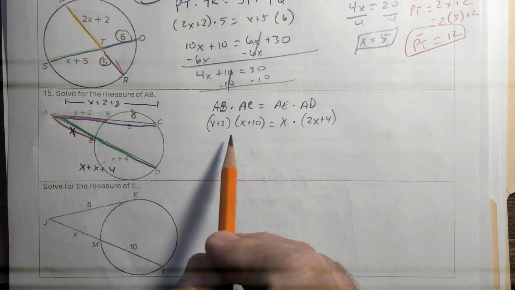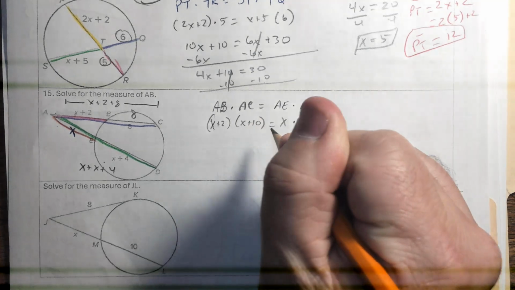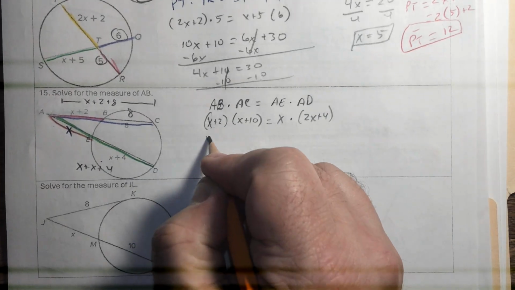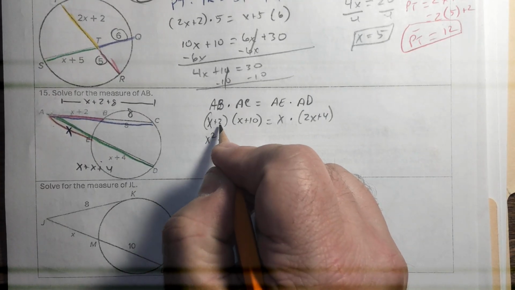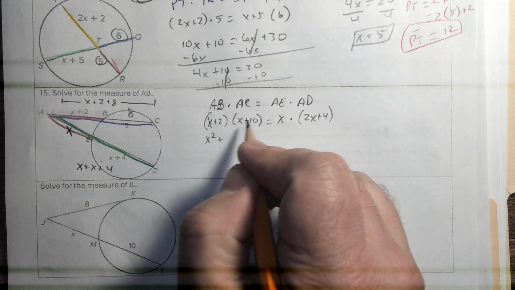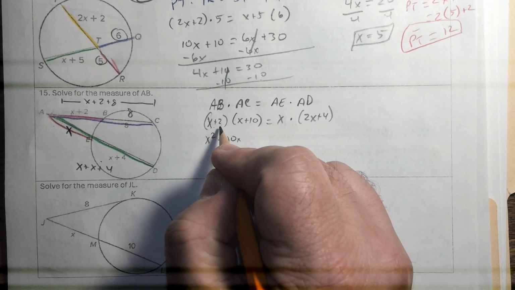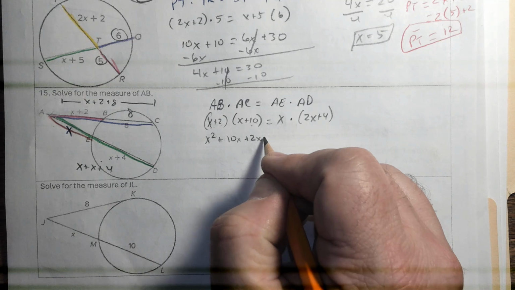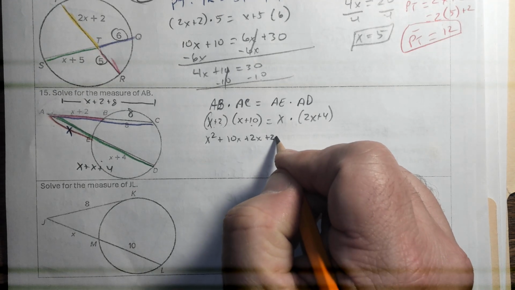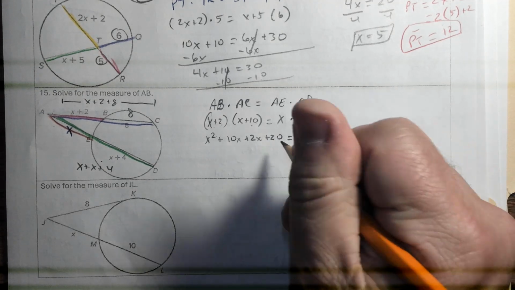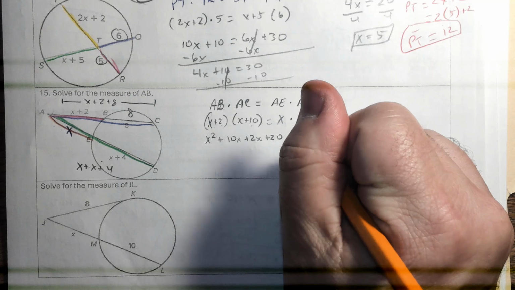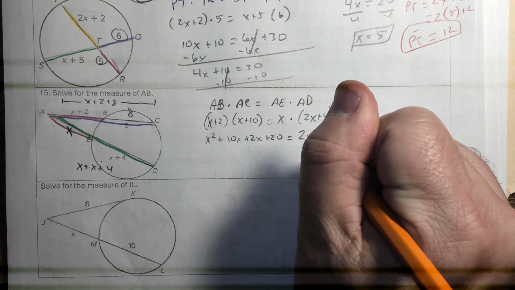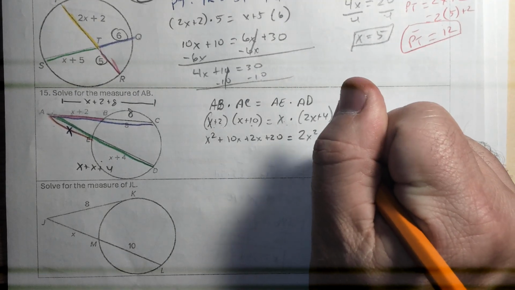All right, so we're going to FOIL this. So x times x is x squared, plus the outers, 10 times x is 10x. Inners is 2 times x is 2x, and then 2 times 10 is 20. Over here, x times 2x is 2x squared plus x times 4 is 4x.